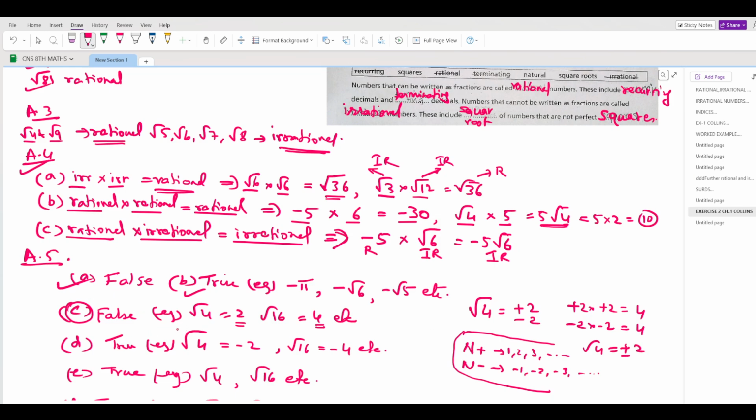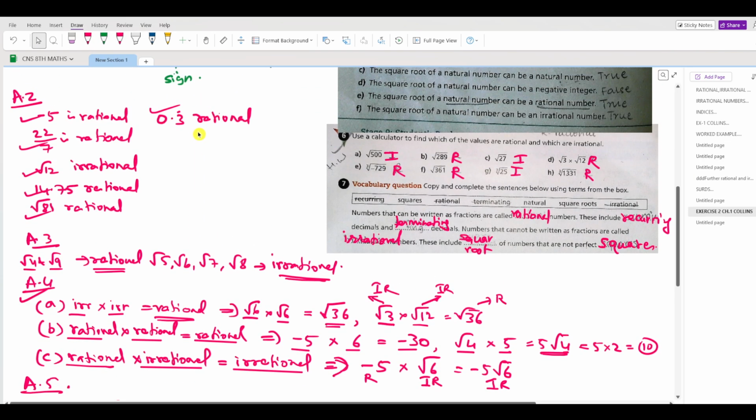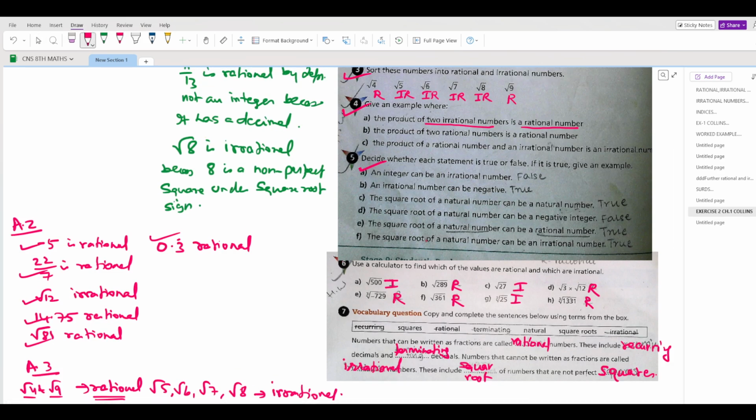Next question is D, and D says this statement: the square root of a natural number can be a negative integer. Here also the answer should be true, because the square root of a natural number, as I told you, can be a positive as well as a negative integer. But here the answer written is false.